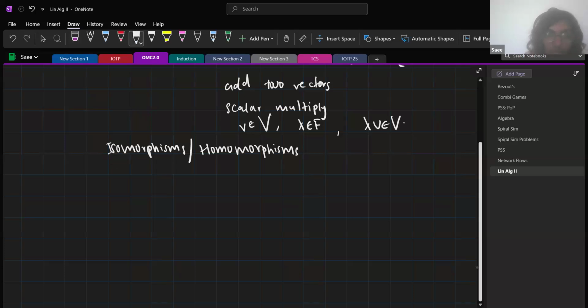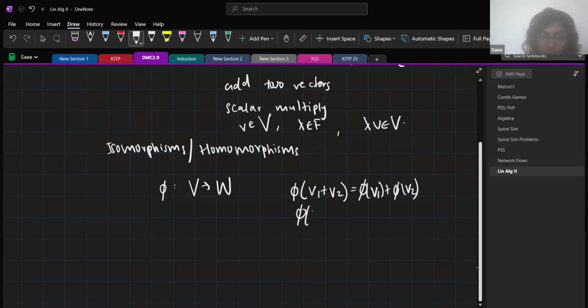So what is an isomorphism or a homomorphism between two vector spaces? More formally, you can have a function, say phi, between V and, let's say, W, such that phi of v1 plus v2 is equal to phi of v1 plus phi of v2, and phi of lambda v1 is equal to lambda times phi of v1.